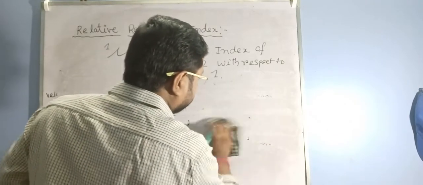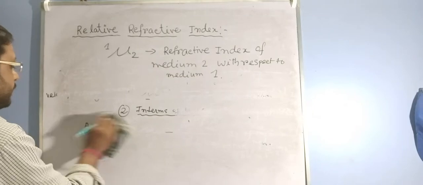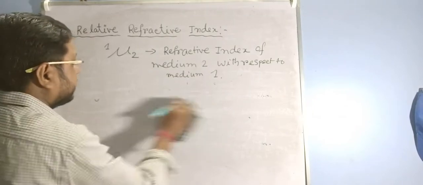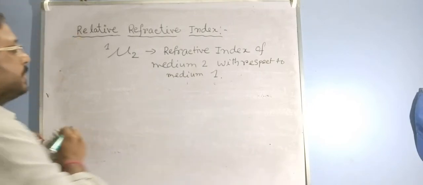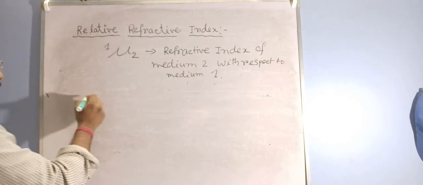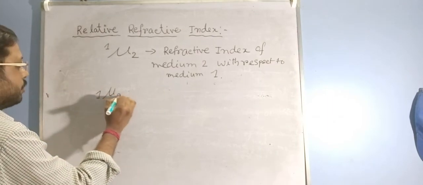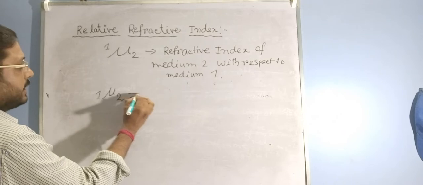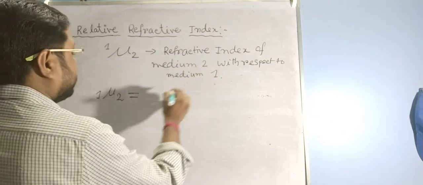So, relative refractive index is the refractive index of medium 2 with respect to 1, written as 1 mu 2. So, 1 mu 2 equal to refractive index of medium 2 with respect to medium 1.